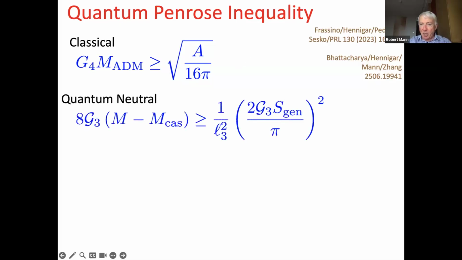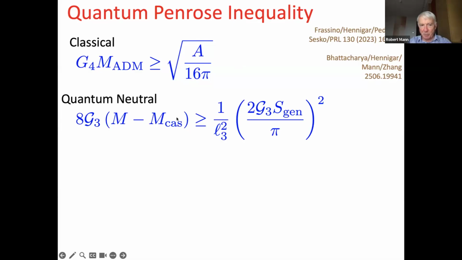Now, Frassino, Hennigar, Pedraza, and Svesko showed in this paper that these quantum black holes obey a generalization of this inequality, where instead of the ADM mass, you have to take the mass of the black hole minus the Casimir energy, which there is in this 2 + 1 case.